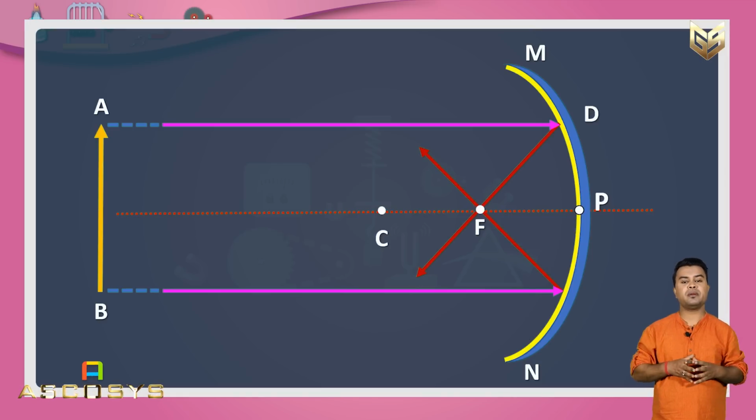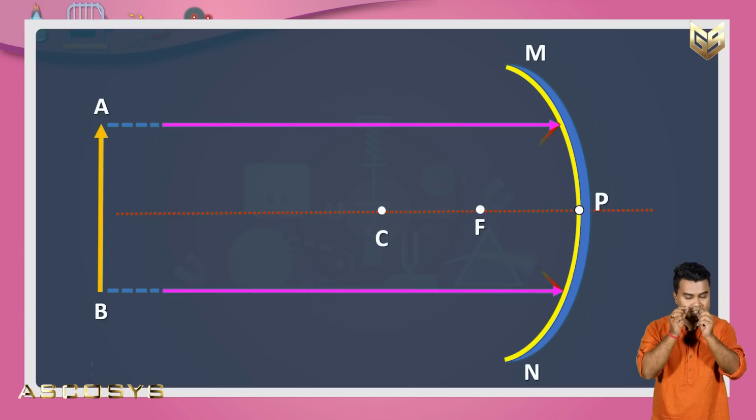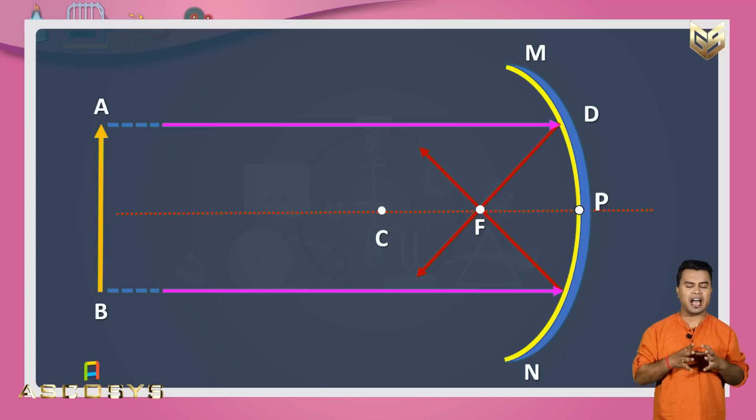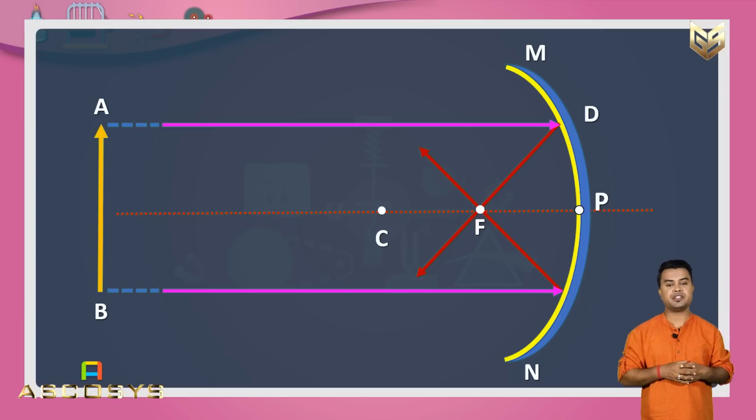So, what will be the position of the image? Image will be formed at focus, right. And what will be the nature and size of the image? Nature is real and inverted, okay, and size will be highly diminished, a very small image is formed.